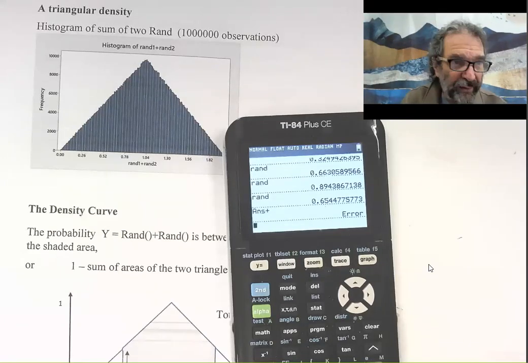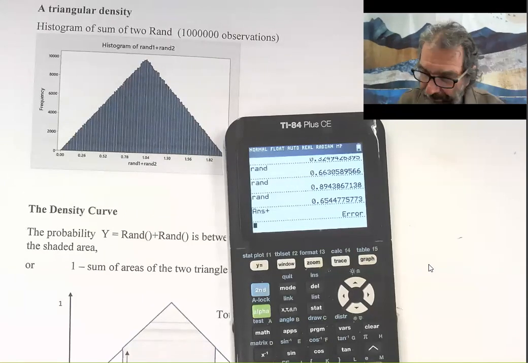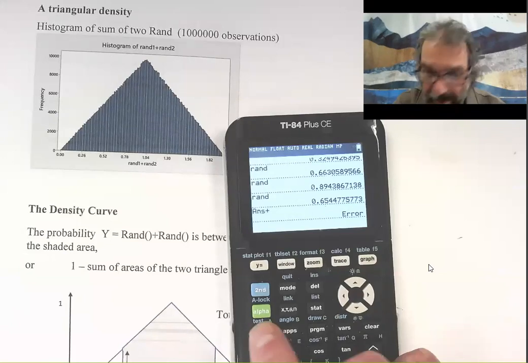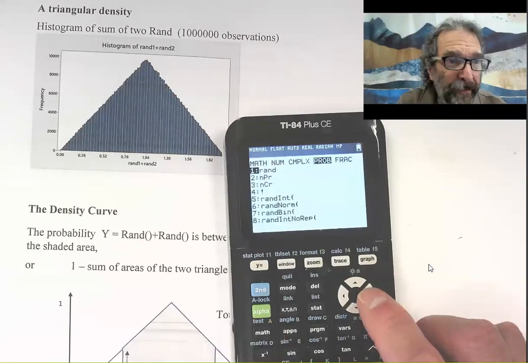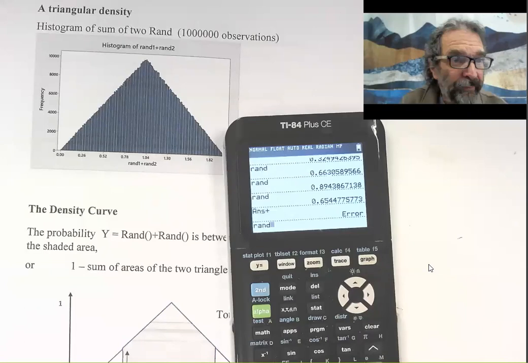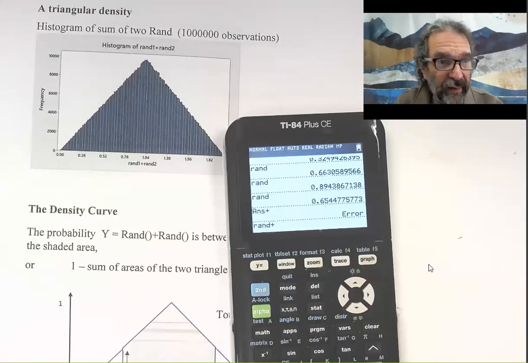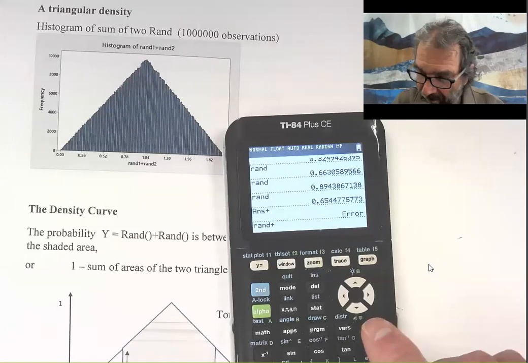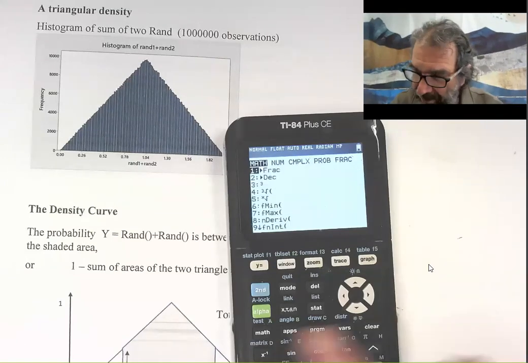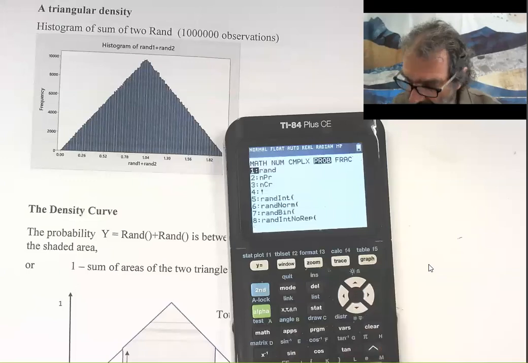I don't know how this works, because if you do rand plus rand, it might not work. Let's see if it works. So we go math, prob, rand, and then we go plus, and we go math. It's going to be hard to tell if this is working. Like that.